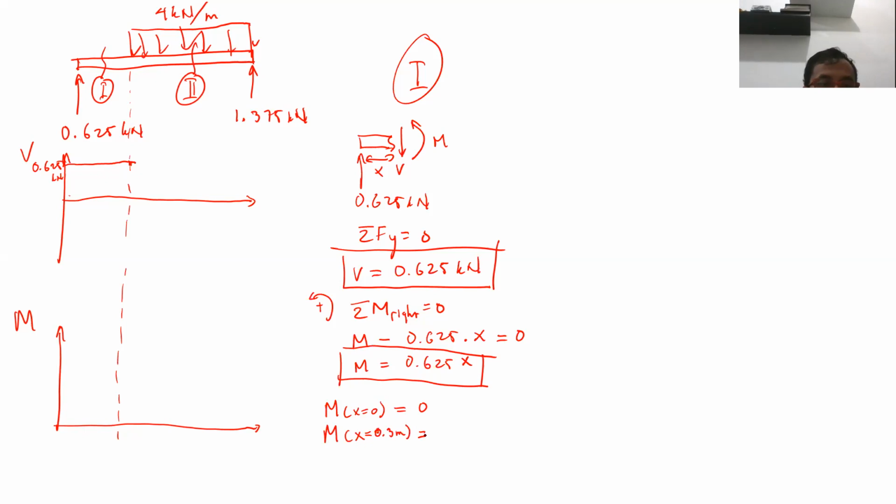I need a little help here with the calculator. 0.625 multiplied by 0.3. Okay, the value is 0.1875 kilonewton meter. So it's supposed to be 0 here, then it's supposed to be there, and the value here is supposed to be 0.1875 kilonewton meter. So we finished the first part.